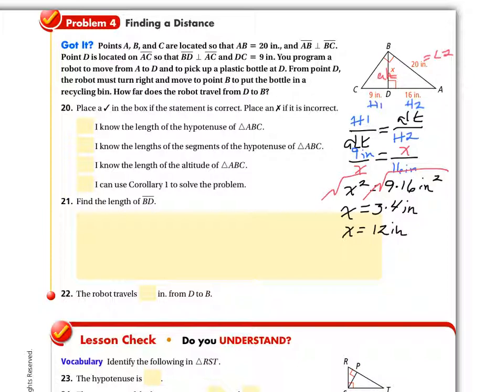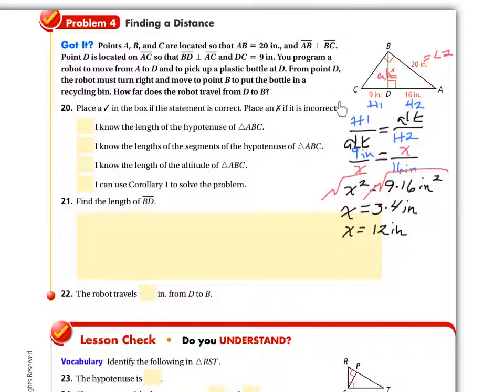So the question above took a rather complicated story for this picture. They said points A, B, and C are located so that AB is 20 inches. So this is AB, 20 inches. And segments AB and BC were perpendicular, so they're telling you where the right angle is.